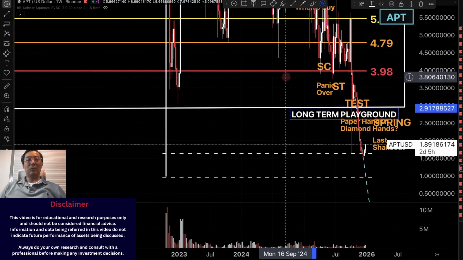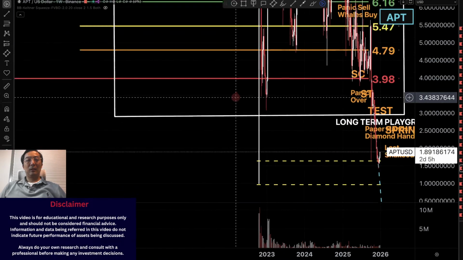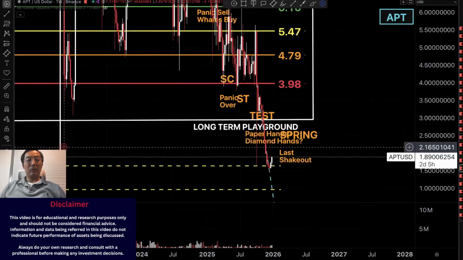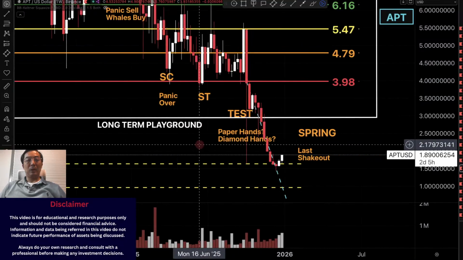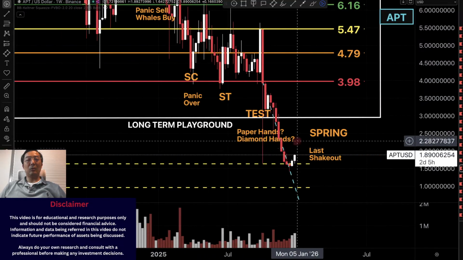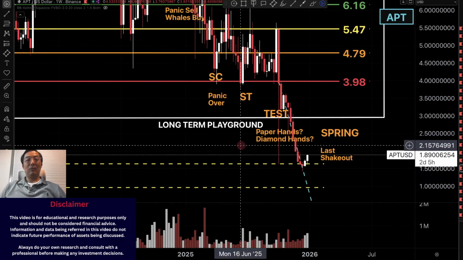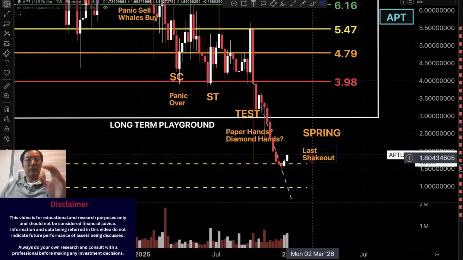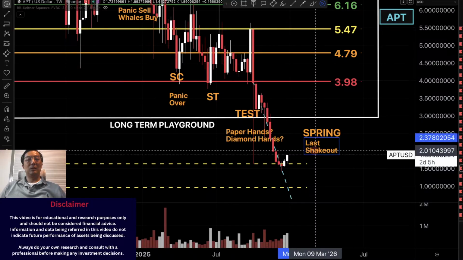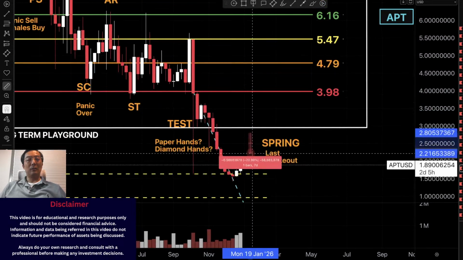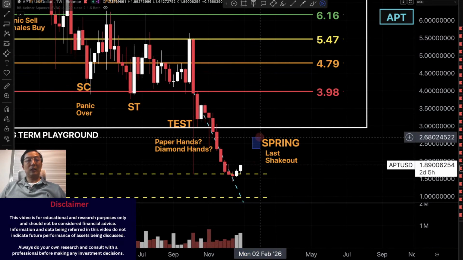If I zoom out, you see where the long-term playground covers. It was only a very brief period that the price went outside. We definitely don't want that long. We are already way longer than that time. However, if the capital situation doesn't improve, it may stay below the white line for longer than expected.